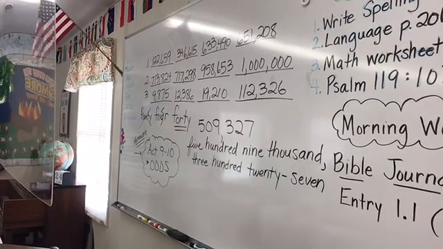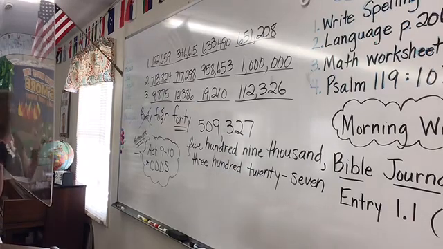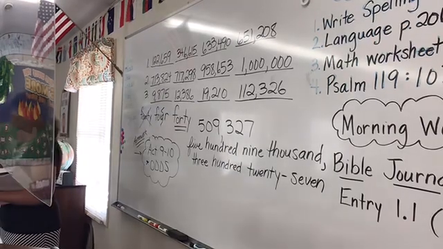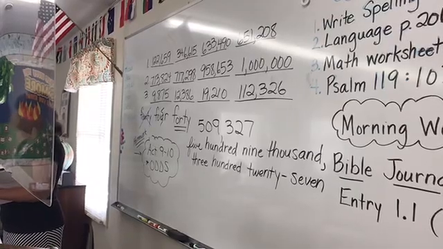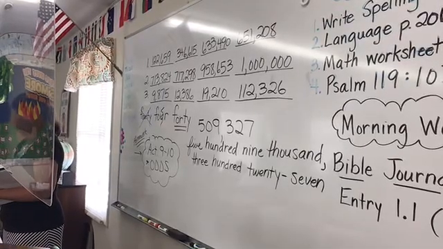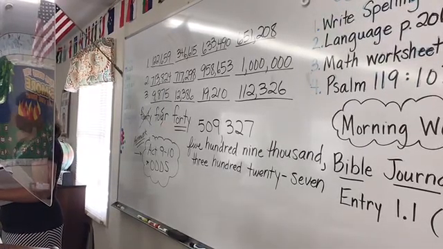Go ahead, Jensen. 5,746 is equal to 5,746. Very good. So for number 10, you should have had an equals symbol in the first sentence. Good job, Jensen.